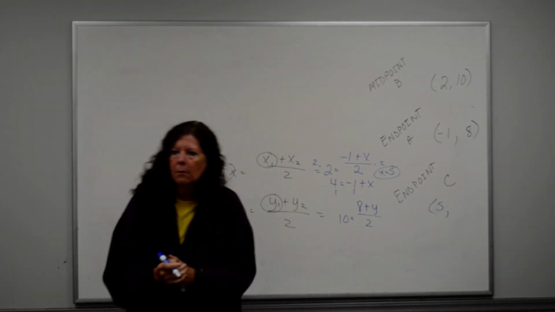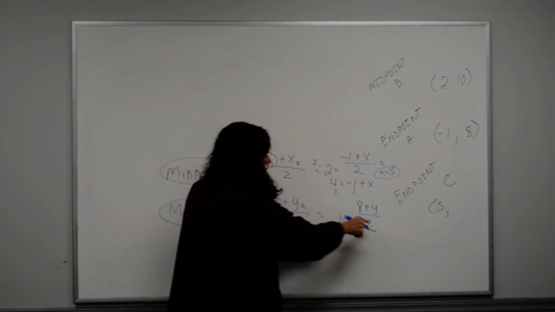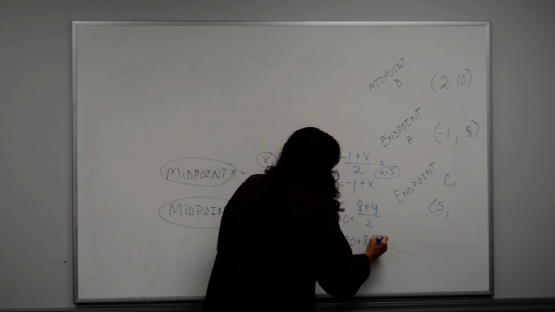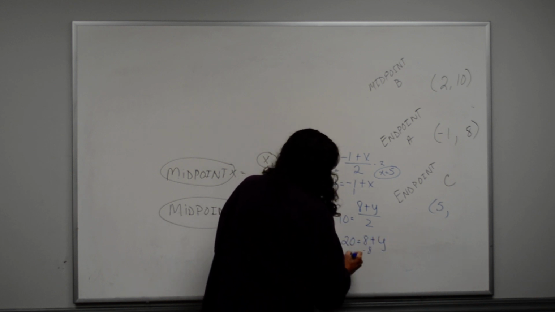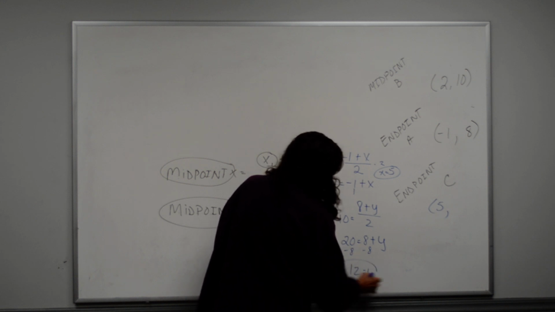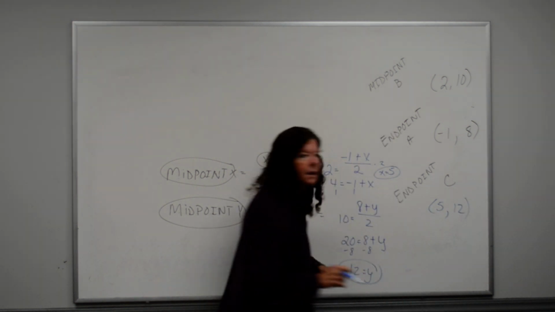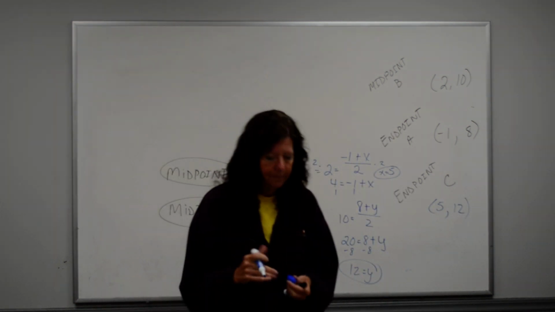That's my x value. Then I'm going to do the same thing down here, multiply by 2, so I have 20 is equal to 8 plus y. Then I'm going to subtract the 8, so I have 12 equals y. So my other endpoint there is (5, 12).